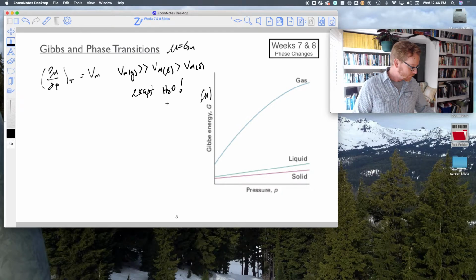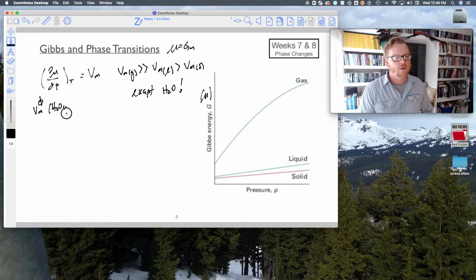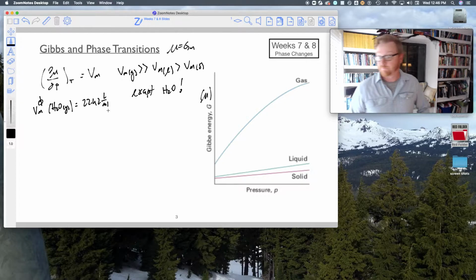Okay? And now if I expand on this a little bit, because you notice that the liquid and the solid are fairly constant. For example, the molar volume under standard conditions of H2O as a gas, we know is 22.42 liters per mole.